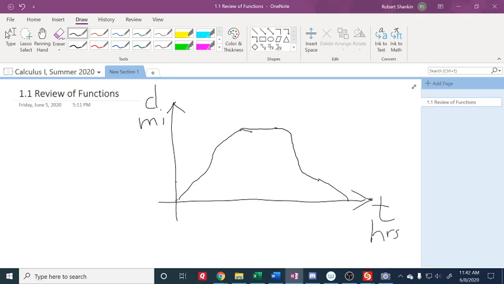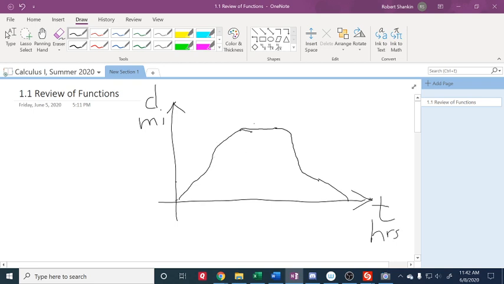The speed, how fast you were going, turns out to be your slope. If you're right up here at the top, you see we weren't getting any more distance from home during this whole portion right here. You were stopped from here to here. And the slope is how fast you were going. When I was right here, I was going pretty fast.